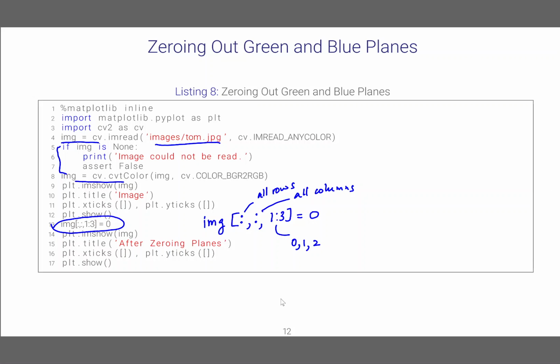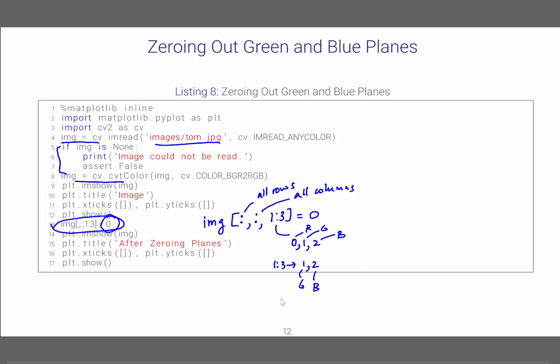So when I say 1 to 3, 1 to 3 actually gives in Python 1 and 2. You know, the last index is not taken. So therefore this stands for red because I have done the color conversion. This is green, this is blue. So when I say 1 and 2, I am actually setting the green plane and the blue plane to 0.